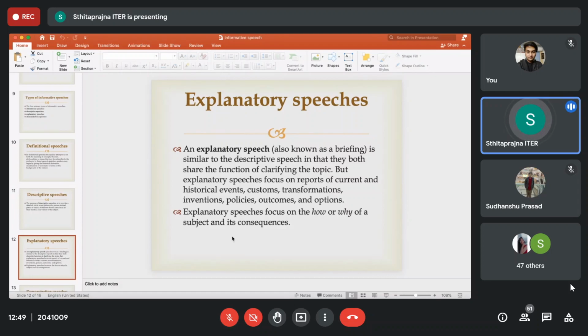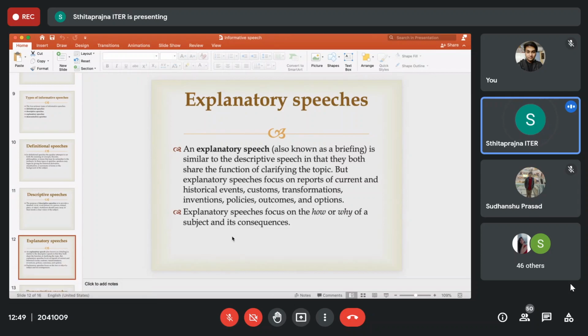Explanatory speeches focus on how or why of a subject and its consequences. So if you go on to explain a particular topic, that's explanatory. So you can also decide on this. What are the policies? What are the outcomes? What are the different options?